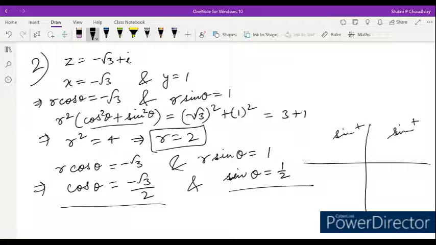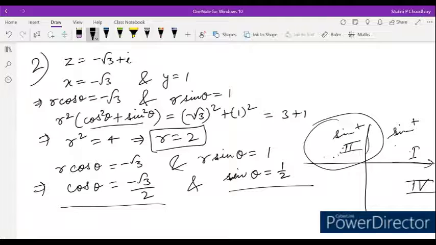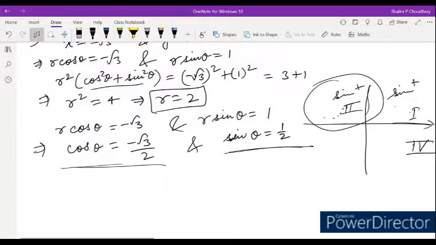Sin depends on the y axis and cos depends on the x axis. So in the first and fourth quadrants cos is positive, in the first and second quadrants sin is positive. That means in the second quadrant cos will be negative. So the value of theta in this case lies in the second quadrant. Okay, and what is the value for 1/2? It is pi/6.